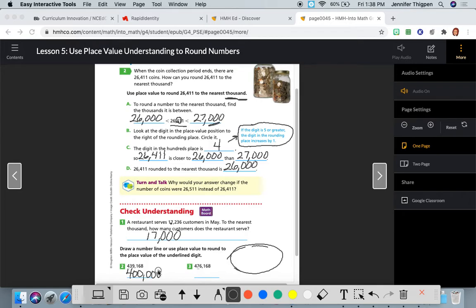So we can say that 476,168 is closer to 480,000. Remember, we're rounding the number that's underlined, and that would be the number in the 10,000s place.